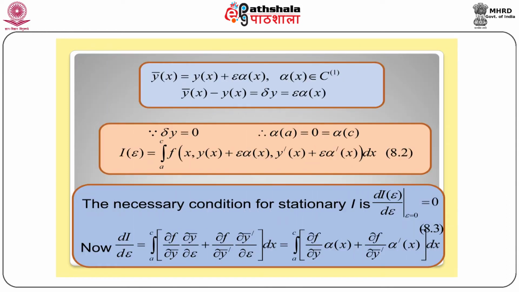Clearly, the difference between y bar x and y x gives delta y, which is nothing but epsilon into alpha of x. At the end points, both the curves meet, so there are no variations. Thus, we have delta y equal to 0 at the end points, and we get alpha of a equal to 0 and alpha of c equal to 0.